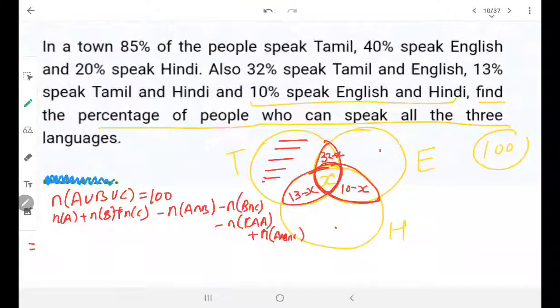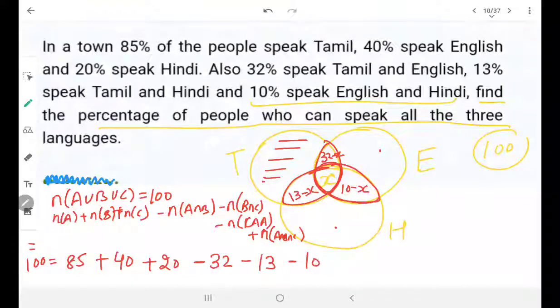So we'll just plug in these values. 100 is equal to n(A) is 85, that is Tamil, 40% speak English and 20 Hindi. Then minus 32, 13, 10, and plus this x value.